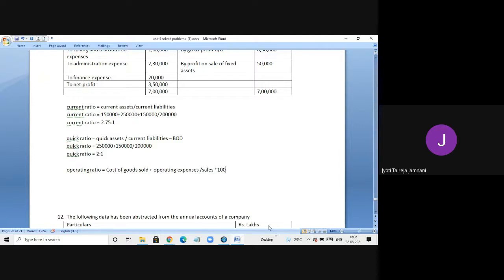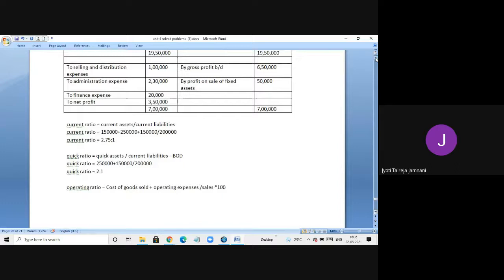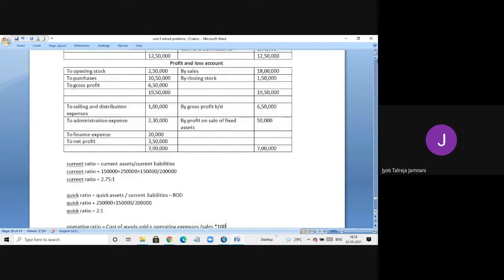So cost of goods sold plus operating expenses divided by sales into 100 is the formula. So we have to see what information we have. Look at the question. We have the profit and loss account. Instead of giving you cost of goods sold, they have given you opening stock, closing stock, purchases. So we'll use the formula for cost of goods sold and find its value. Then we have to see other operating expenses, which is nothing but the selling and distribution and administrative expenses.